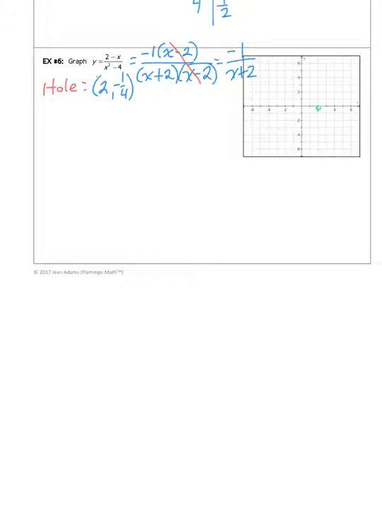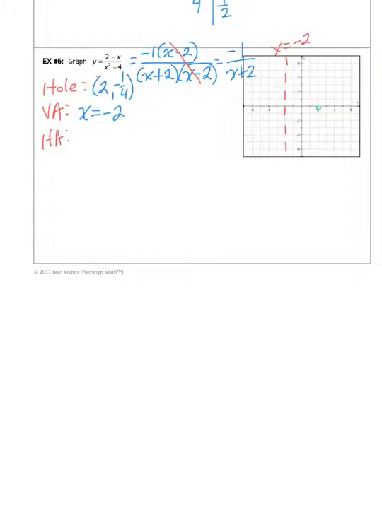Then I look at what's left over, because what's left over here is a non-removable discontinuity, which is my vertical asymptote. I set this equal to 0, and I get x equals negative 2, so I'm going to plot that. Then I want to find my horizontal asymptote.